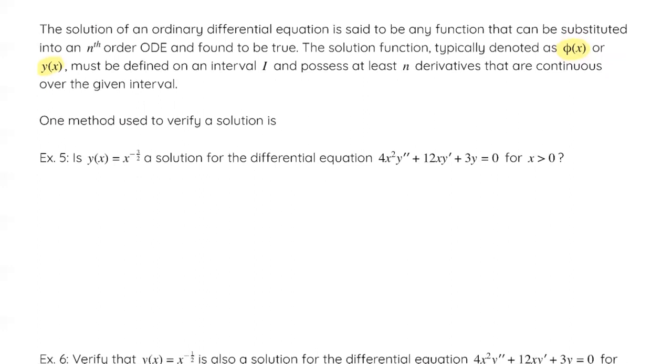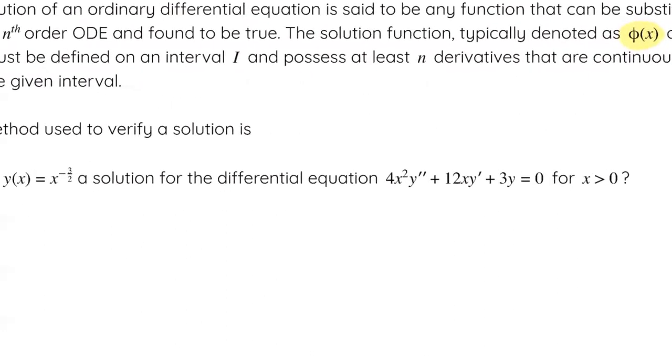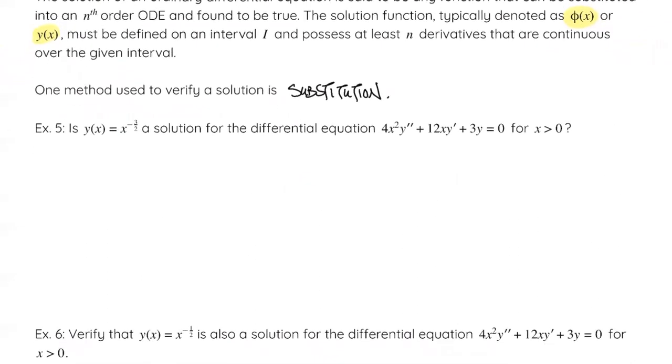Now, one method that we can use to verify a solution is, and let's write this down, substitution. Okay, so we can use substitution to make sure something is true. But we have to have something to substitute into.